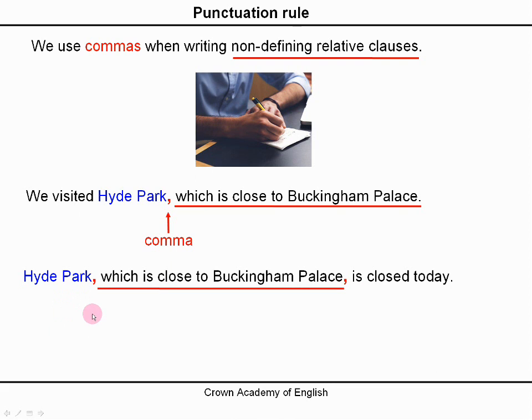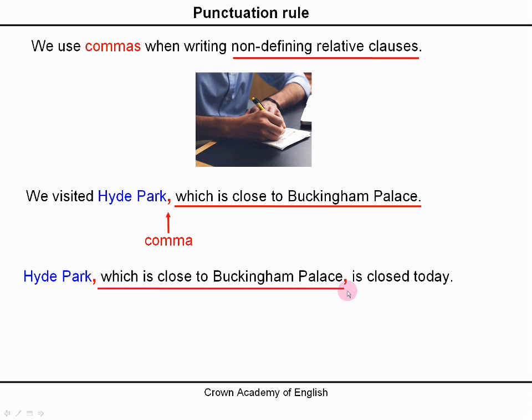In this example, the relative clause is in the middle of the sentence, and so we need two commas to separate it from the sentence. We have a comma here and a comma here. Hyde Park, which is close to Buckingham Palace, is closed today. So this is the non-defining relative clause.